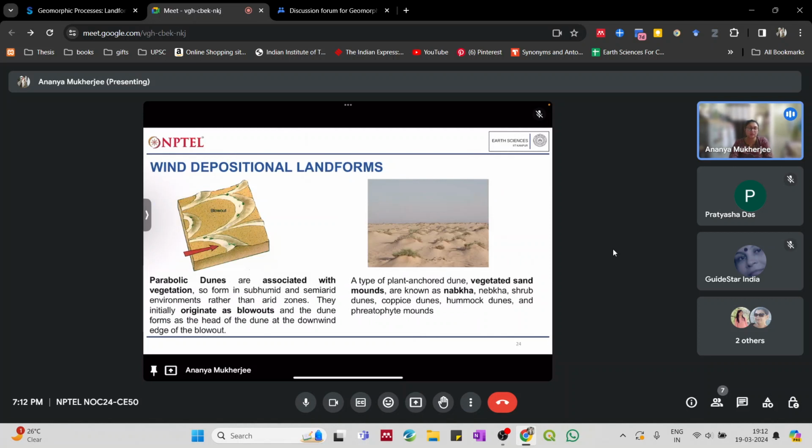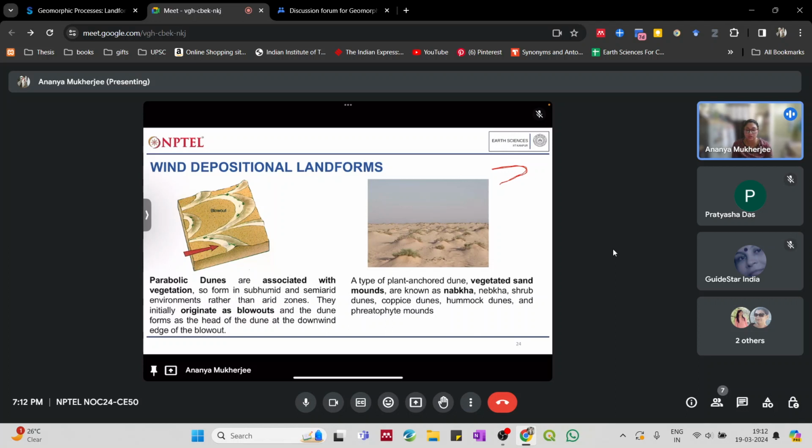Now we will see what parabolic dunes are. They are called parabolic dunes because the dunes actually have a parabolic shape. This is similar to the Barchan dunes, but in Barchan dunes the wings are generally not increasing in length, while for parabolic dunes the wings or arms of the dunes are much longer.